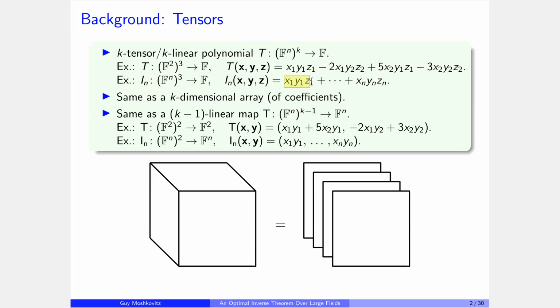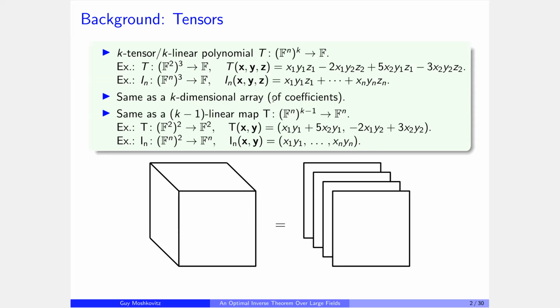That means every monomial is of the form x_i times y_j times z_k, etc. So you have k sets of variables, and every monomial has one variable from each set. These are perhaps the nicest polynomials you can work with, and in a sense every polynomial can be symmetrized to give a tensor, so there isn't much loss of generality in just talking about k-linear polynomials.